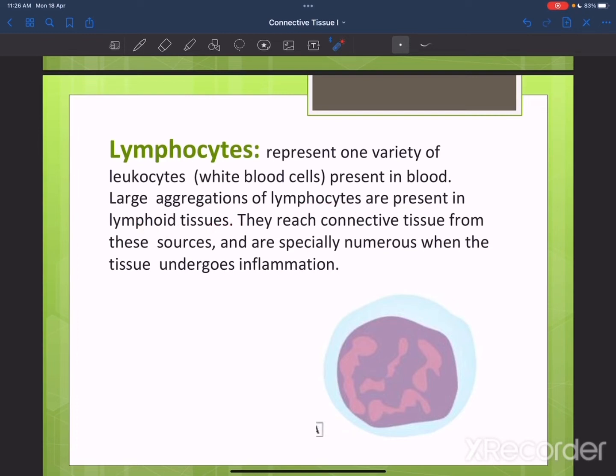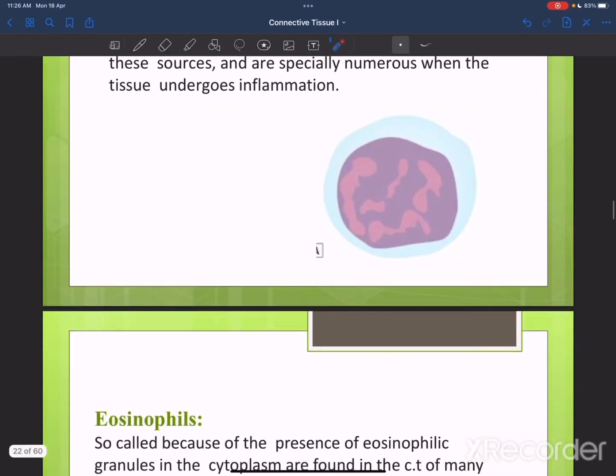Those cells reach the connective tissue from their sources, and they arise from blood pluripotential stem cells.